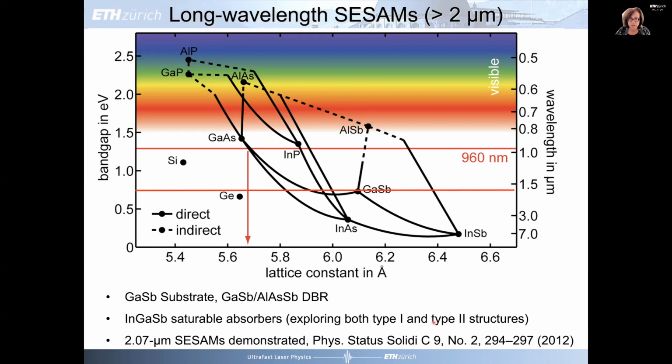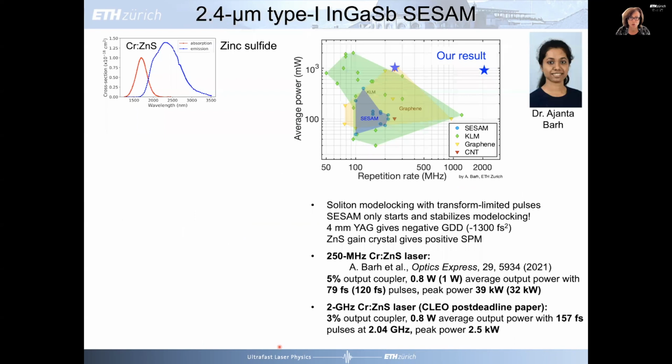And when we started this work, some systems had been demonstrated at 2 micron before, but they had not had the investment in the whole characterization, and that has a real effect, as I can show you here.